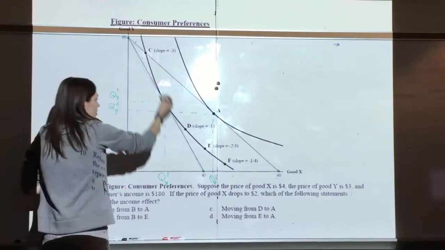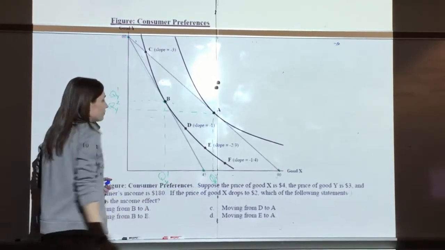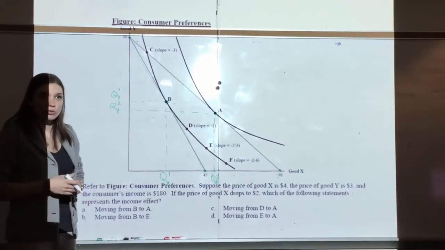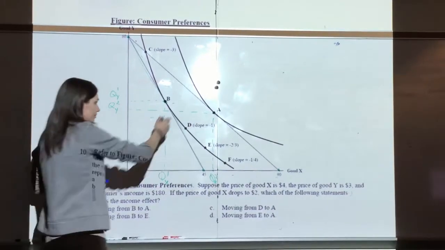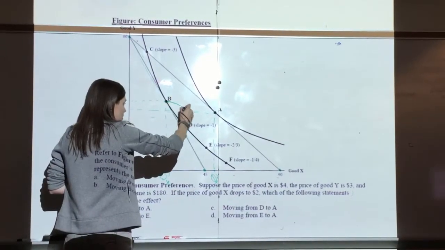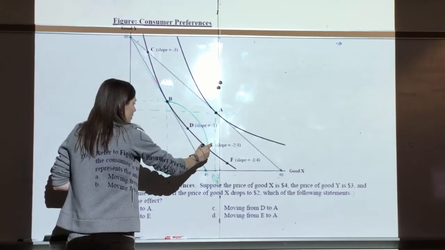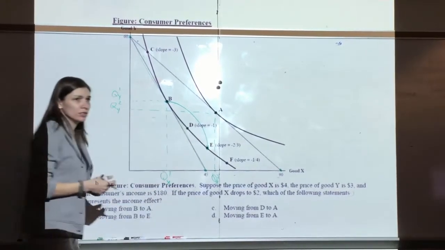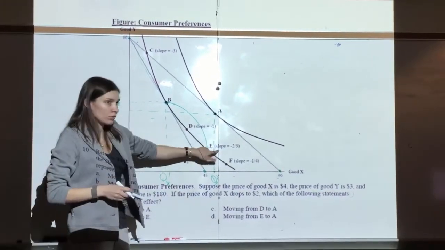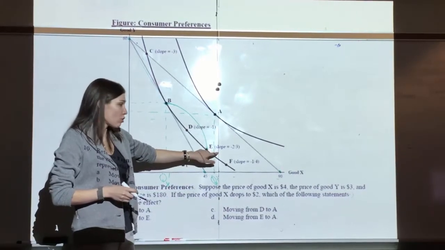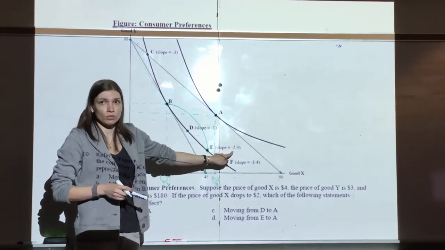The substitution effect is, as I said, moving along the same indifference curve, from B to E. So this is the substitution effect. And why E versus D? Because we need the slopes to be equal. The slope here we are told is negative 2/3.